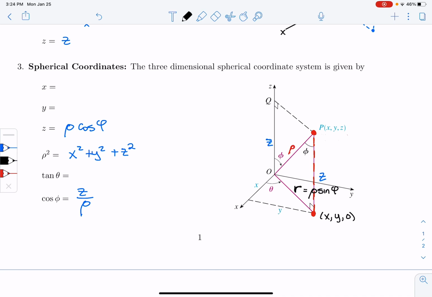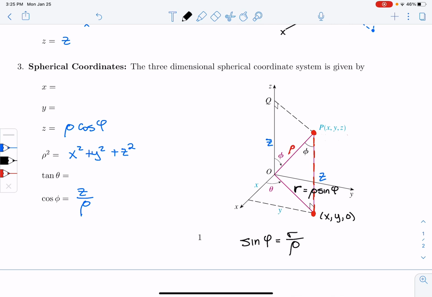Another way to think about that is that sine phi has to be the opposite side, r, over rho.